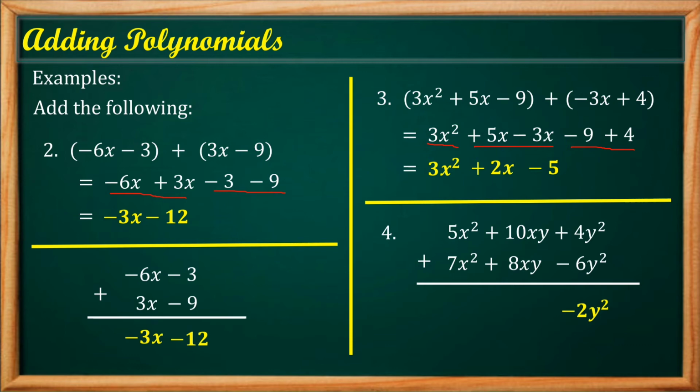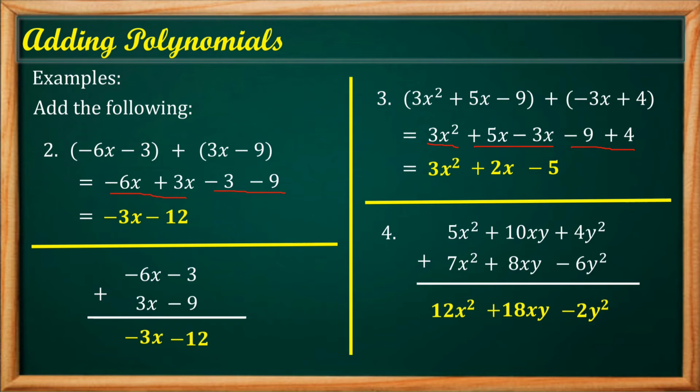Then copy the literal coefficient y squared. Next, 10 plus 8 is equal to 18. Then copy the literal coefficient which is xy. Then 5 plus 7, you have 12. Then copy the literal coefficient which is x squared.